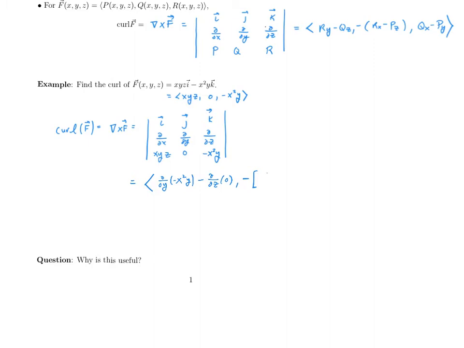So that would be the partial with respect to x of minus x squared y minus the partial with respect to z of xyz. And then similarly for the third, or k entry, we would have the partial with respect to x of 0 minus the partial with respect to y of xyz.